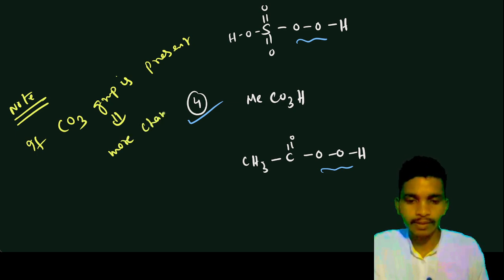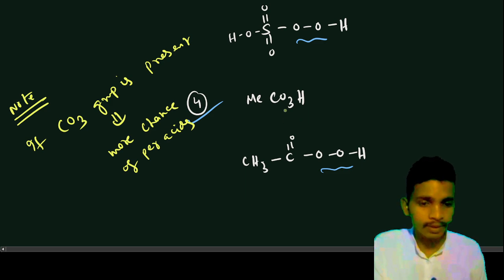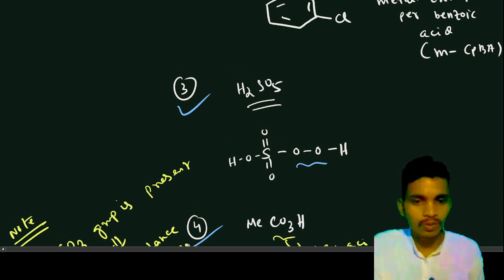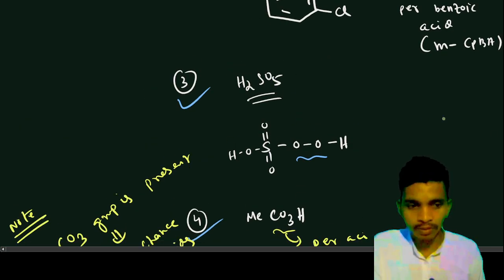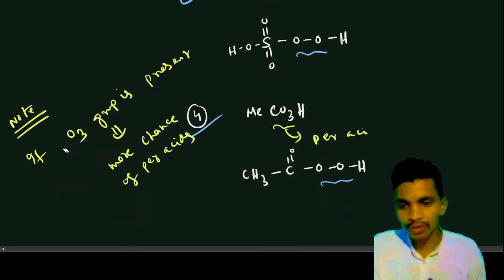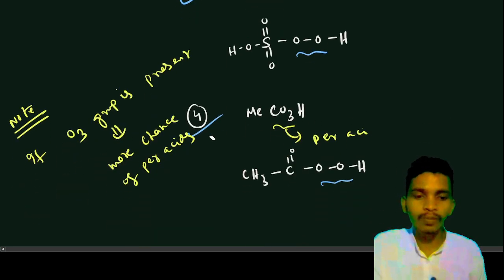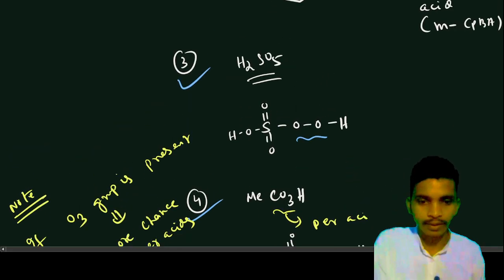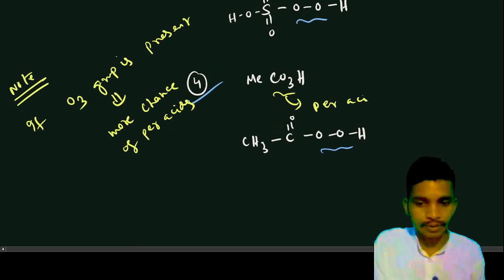Here also O more than 3 is fine. So there is a chance of peracid.